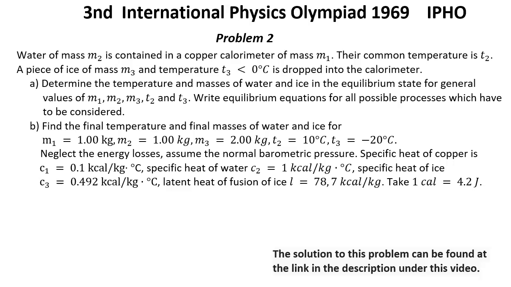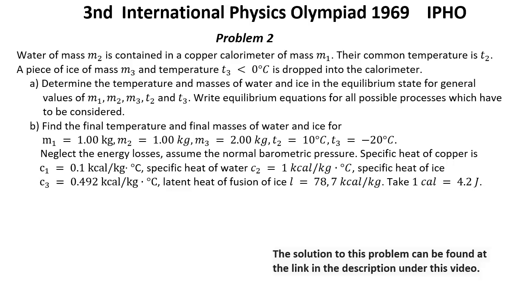Specific heat of copper is C1 equals 0.1 kilocalorie per kilogram per degree Celsius. Specific heat of water C2 equals 1 kilocalorie per kilogram per degree Celsius.